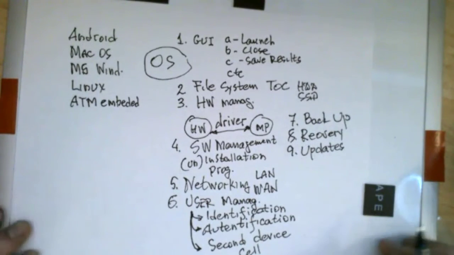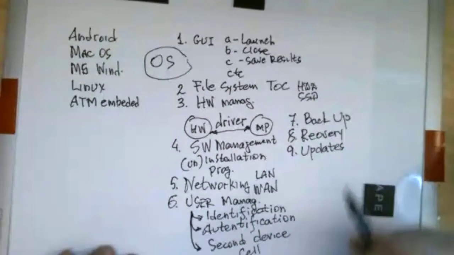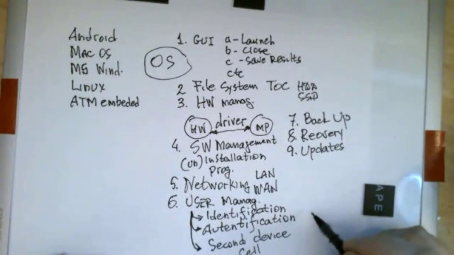Companies like Microsoft or Apple and other companies that produce operating systems are live organisms. They create more and more features for operating systems and better protection from intruders and so on. So it usually updates itself.